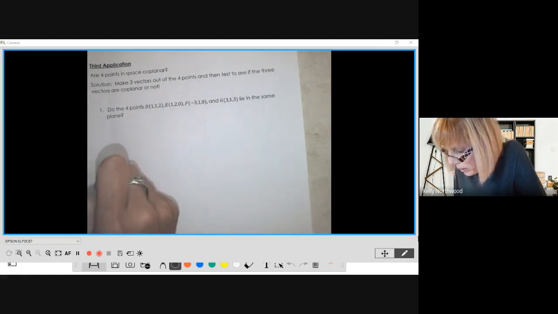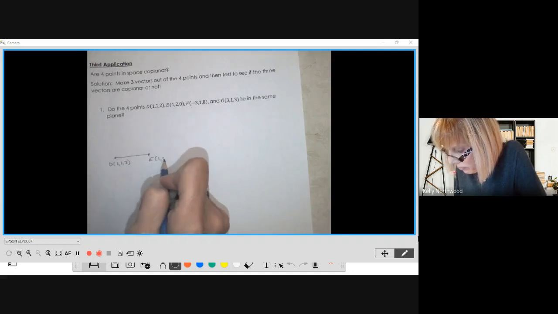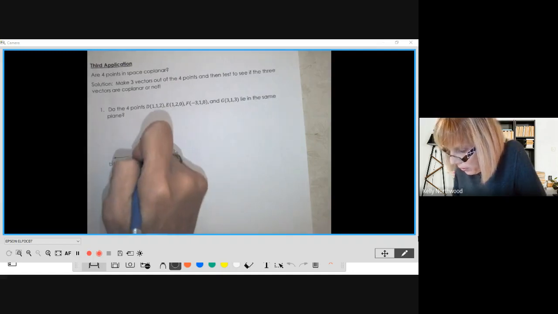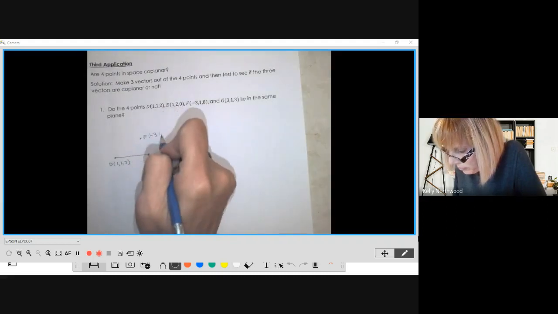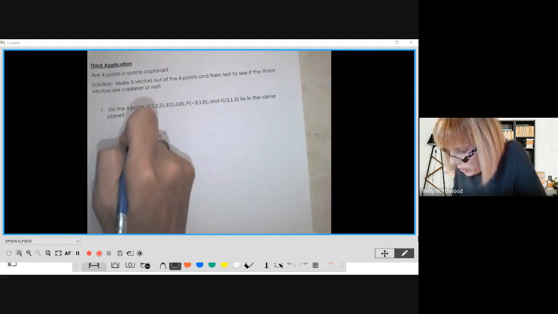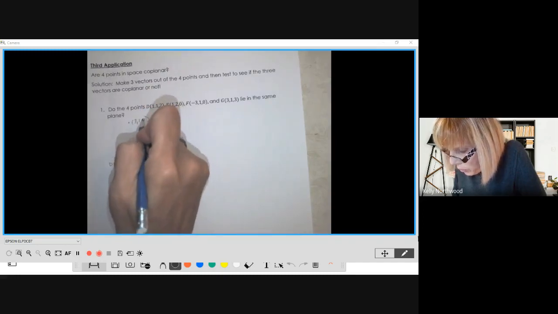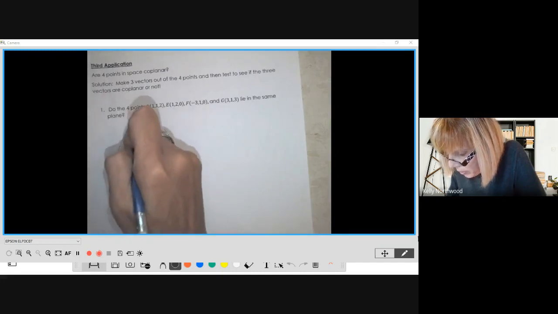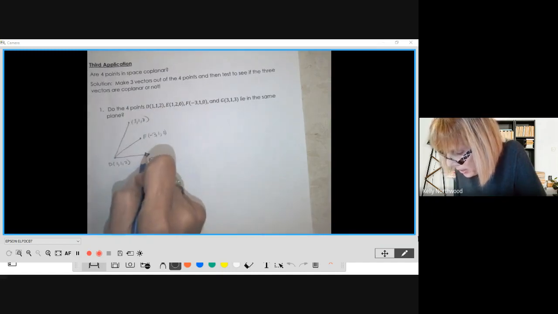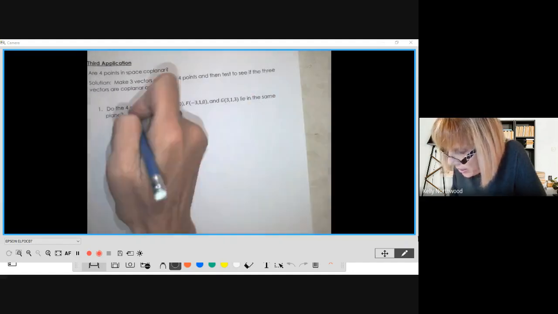And then I'll make point E over here, point F up here, and point G. And we're seeing whether or not all these 4 points are going to lie on the same plane or not. So I want to make vectors DE, DF, and DG.